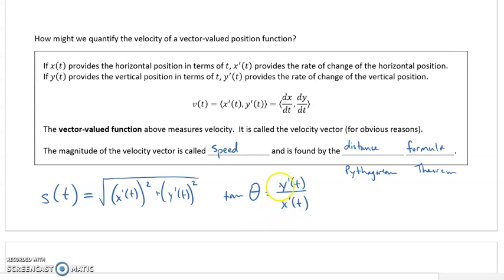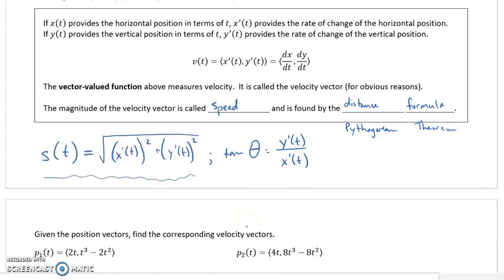Interestingly, the slope is y over x, and that gives us the slope of the tangent line. Gasp! It all comes together. So yeah, these are two important formulas. This one's probably going to be the one that's used more often. This one does show up from time to time, but is not quite as common.